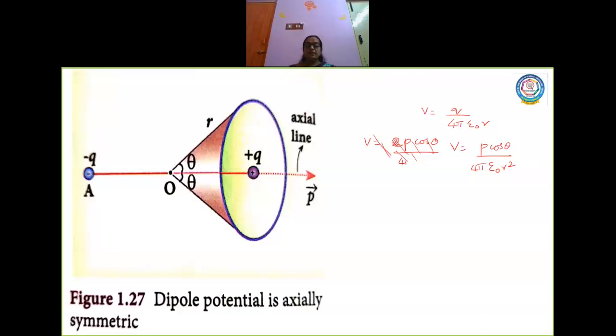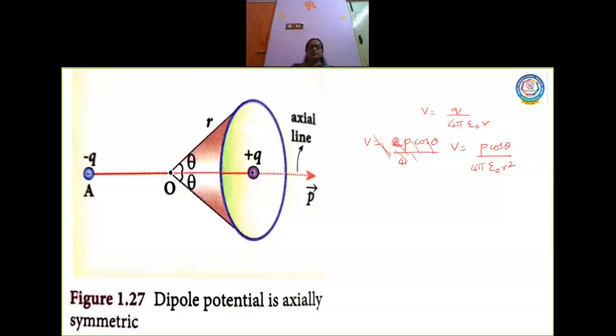It falls faster than that of the unit charge when compared to the dipole. As the distance increases from the dipole, the effects of positive and negative charges nullify each other, and the potential due to the electric dipole falls as 1 by r square with respect to the potential due to a unit charge. Okay, this is the first point.